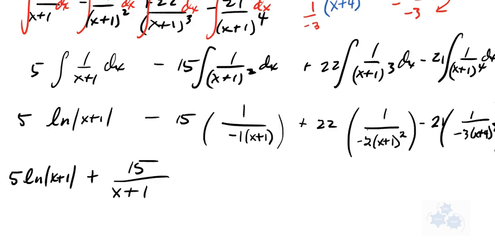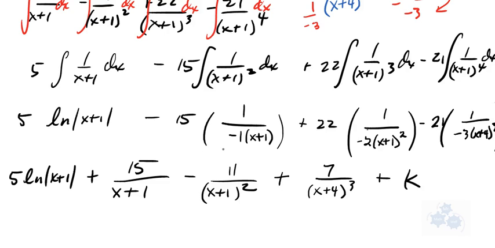This is going to be a positive 22 divided by negative 2, or minus 11 over x plus 1 squared. And then this is going to be plus, because we have a negative and a negative. What's 21 over 3? That's 7 times x plus 1 cubed. Plus, okay.